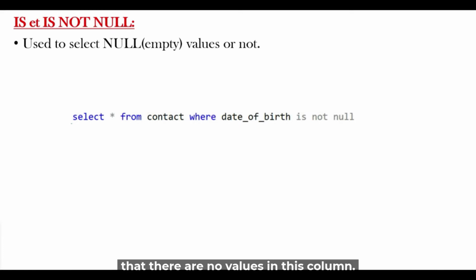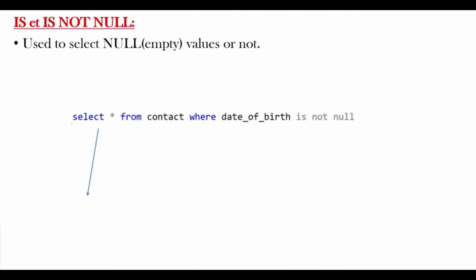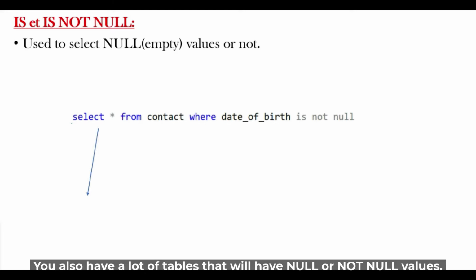Okay, that there is no value in this column. So NULL and NOT NULL is a query that will be used very often in Transact-SQL. You also have a lot of tables that have null or not null values.